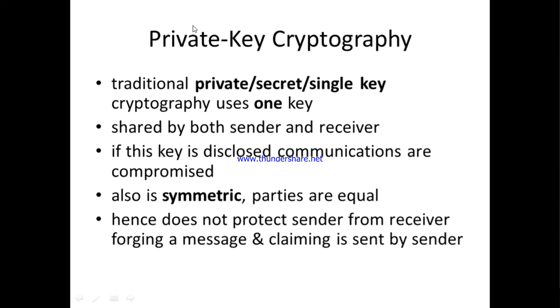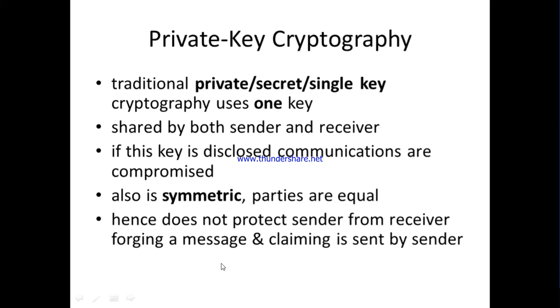So here, if you are going for private key cryptography, it doesn't protect the sender from the receiver forging a message or claiming it was sent by the sender. So that means whenever anyone is forging the message, it cannot be identified what the receiver is doing here.